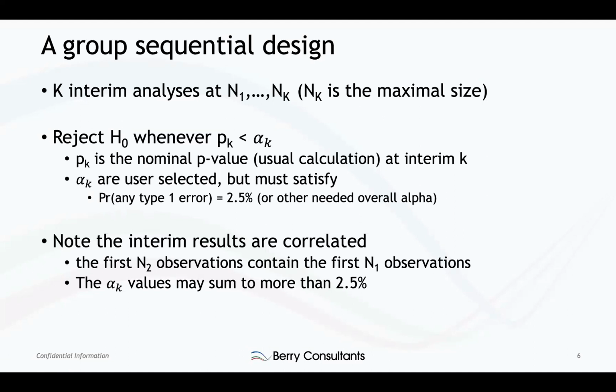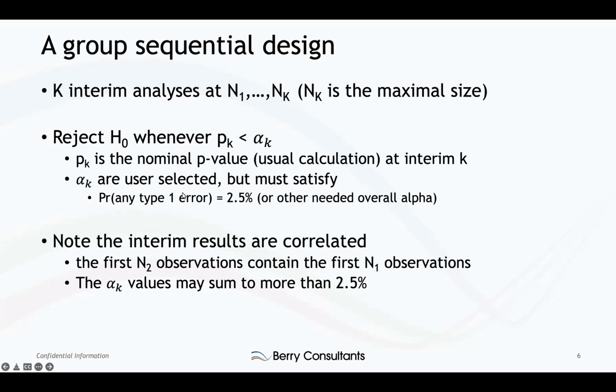Keep in mind that interim results are correlated. So there's interesting math in here. Obviously, the first N2 observations contain the first N1 observations. So you get this nice joint distribution that has correlations based on the overlap in sample sizes.